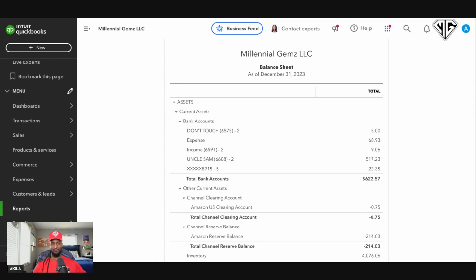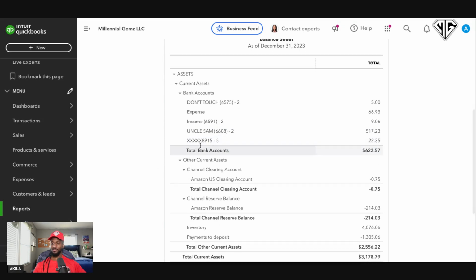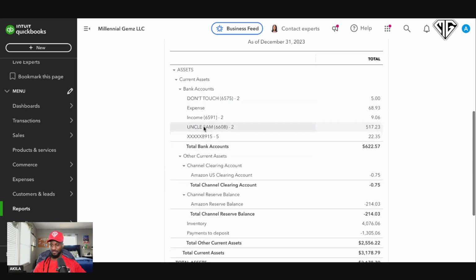Like if you bought a building, or a specific power tool or generator, something that's a long-term thing, that's an asset, because you're using it to help run your business. Something that helps generate you money. So that's essentially your assets.